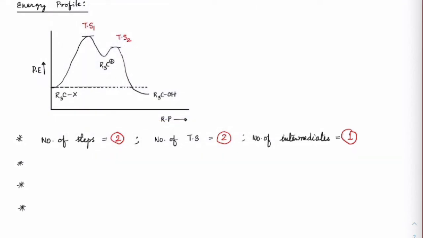Next, what are the other important pointers which we observe? We saw that the first step is slow, so it is the RDS of the reaction. Since it is the RDS, we can write the rate law based on that as K, some constant, into the substrate concentration, because it depends only on the substrate, not the nucleophile, because the nucleophile is not involved in the first step.